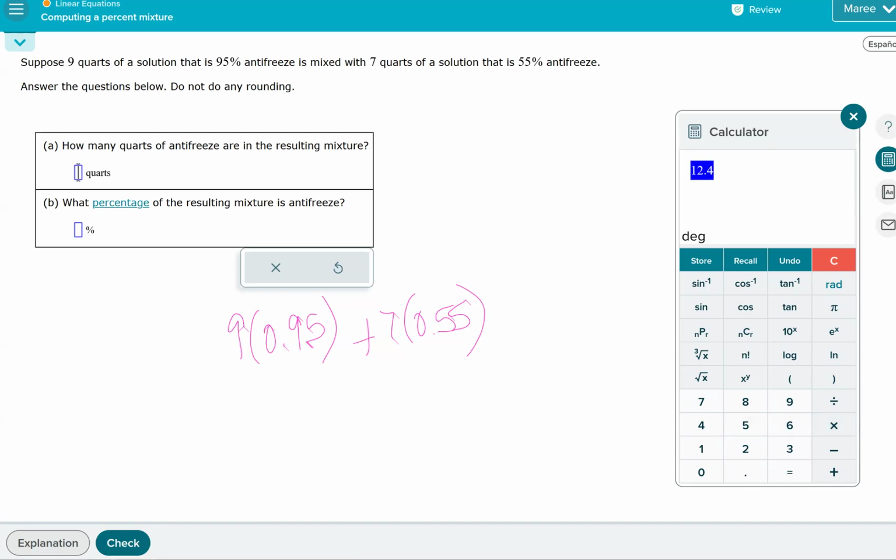That's 12.4. So 12.4 of the total number of quarts is antifreeze. Then to find the percentage, we divide it by 9 plus 7. That's the total number of quarts there are altogether. And we have 77.5%. Once we get the decimal, you have to multiply it by 100 to change it to a percent.